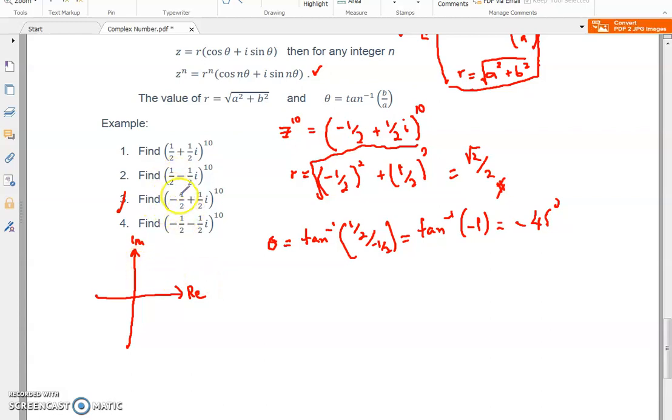The real part is negative 1 over 2, and the imaginary part is positive 1 over 2, so the point should be somewhere here. But if you plot the angle of negative 45 degrees, it will be located somewhere here, which is the opposite way of our calculation.